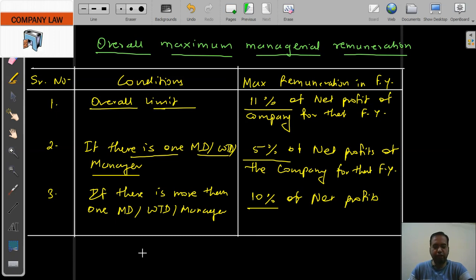Section 197(2) provides that the above percentage shall be exclusive of any fees payable to directors under section 197 subsection 5.